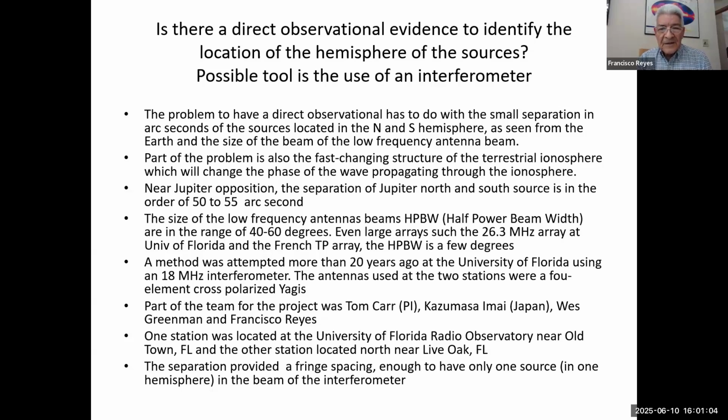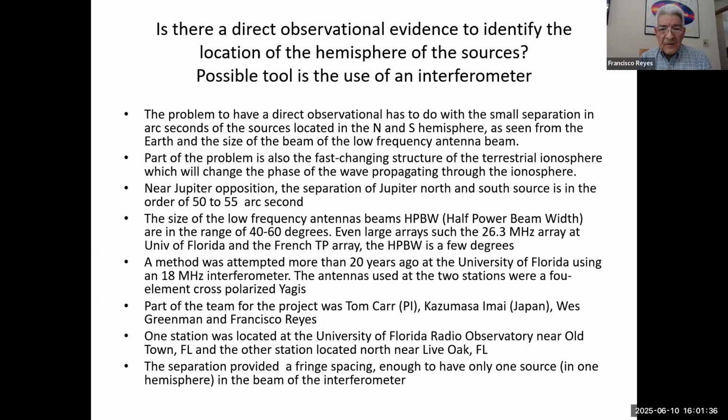Some of the problems here are that detecting the emission coming from either the north or south hemisphere is problematic at low frequencies. For example, there is how separated we can see the sources looking from the Earth, and the size of the beam of the low frequency antenna is one of the problems.